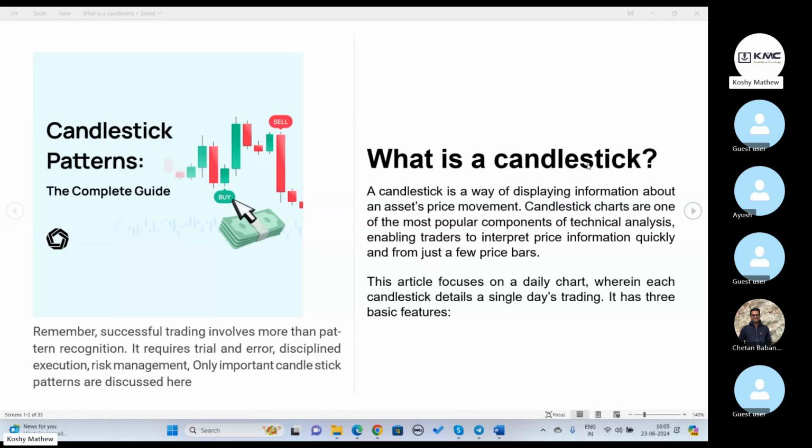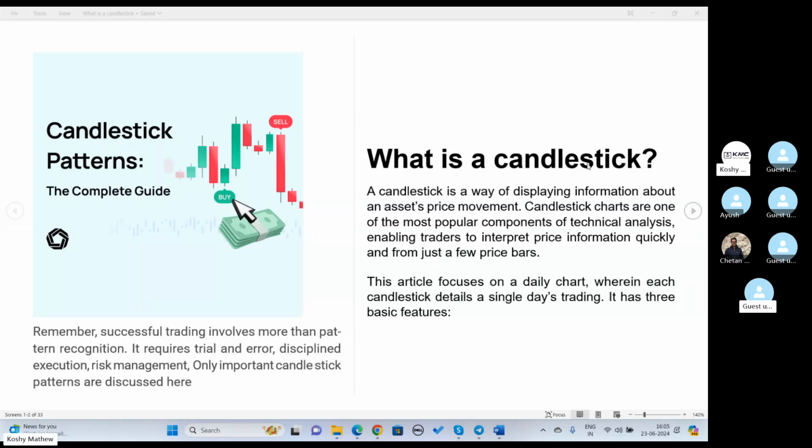So, as I told you, today we'll have the session with regards to candlestick patterns. This was introduced by Japanese people, very famous. We all follow that. A candlestick denotes market sentiment or momentum, whether the bears are taking over the market or the bulls are taking over the market.